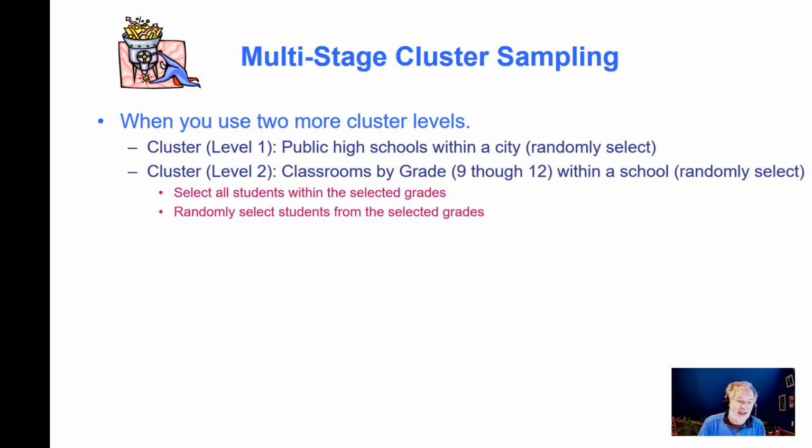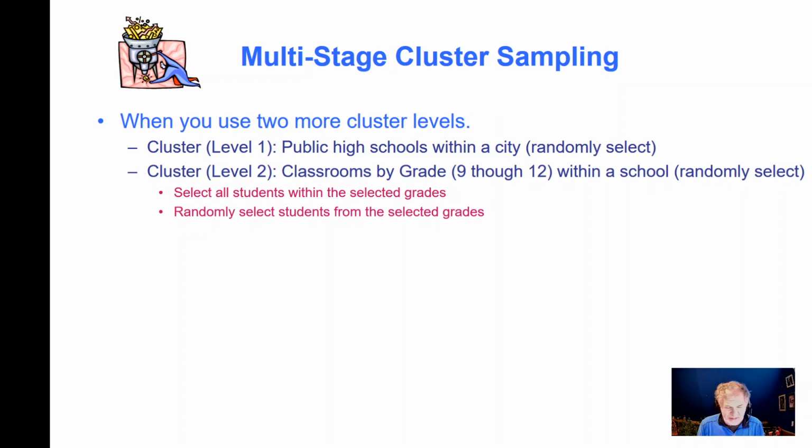Okay. You can use what's referred to as multi-stage cluster sampling. So I can say, okay, I randomly select the high schools within the city, and then within the high schools I've selected, I break it down. My next level of cluster is each of the grades, 9 through 12, and I may have 3 or 4 classes or groups within my grade, right?